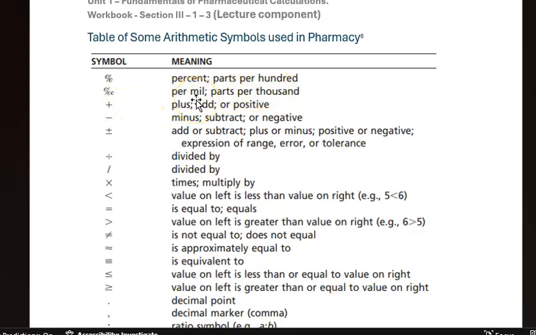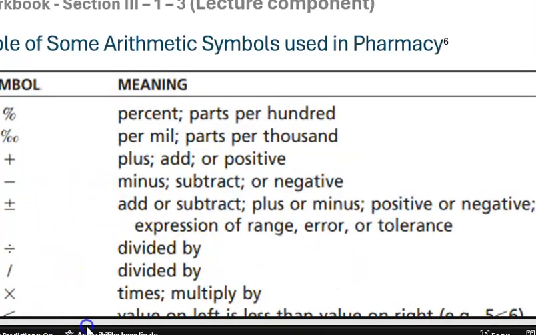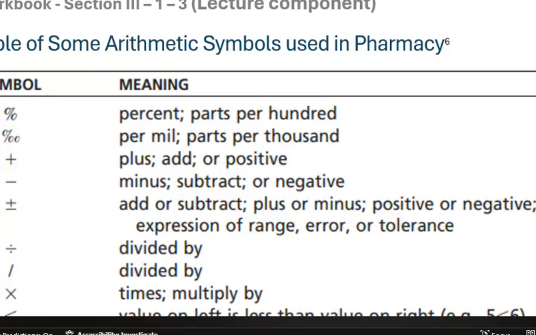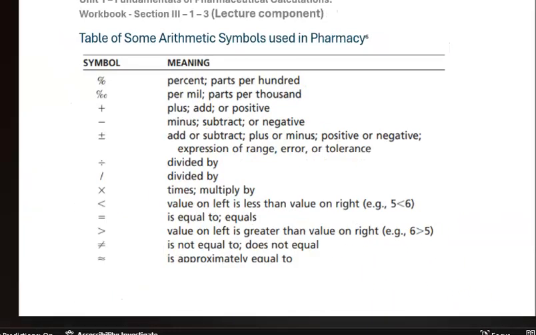Percent per mil, or per thousand. Using your positive and negative sign, subtracting. Plus or minus. The plus or minus symbol is normally used whenever you are writing error, your percentage error. That's normally used there.